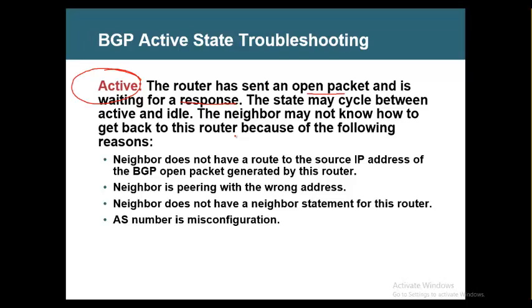When the neighbor is not ready to form BGP with you, meaning the neighbor may not be configured or may be misconfigured. Another reason is there is no route to talk back to you, no reverse path. Or the neighbor address is wrongly configured, or the autonomous system number is misconfigured, or there is no configuration matching the incoming source address.